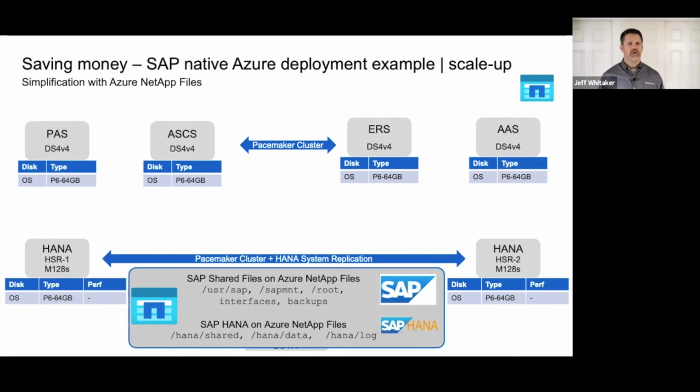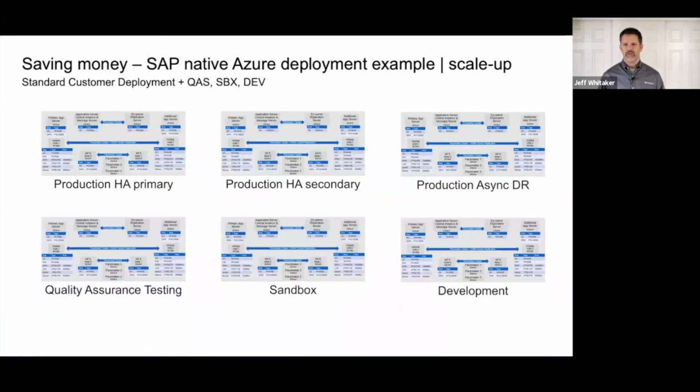So you've got just your OS images on each of your servers, and then you can see the shared file environments are all sitting within Azure NetApp Files, with all the protection tools and all the capabilities that we have built into the architecture. And this is just one environment. What does a typical customer environment look like?